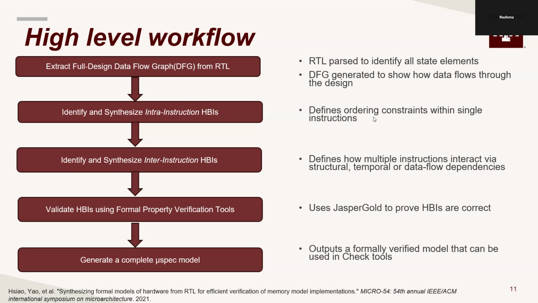Next, structural, temporal, and data flow dependencies between instructions are analyzed to synthesize the inter-instruction HBIs. Now, the correctness of all these synthesized HBIs is validated through formal property verification using tools such as JasperGold to confirm the compliance. Once the synthesized HBIs have been validated and everything checks out, the fully verified model is ready to go.